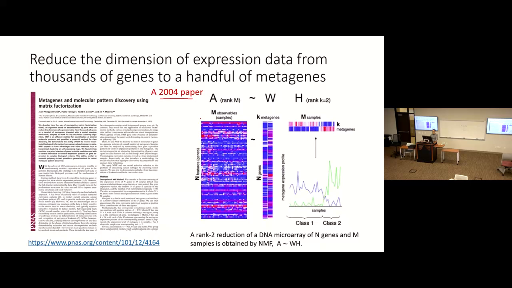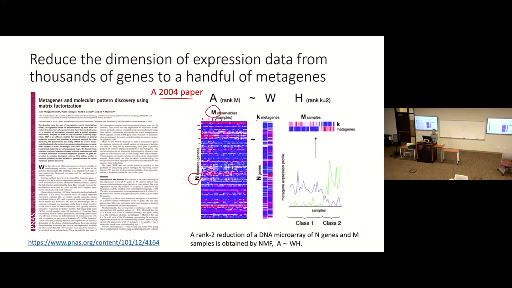At that time, there were no single cell technologies, so each column here is a sample. It could be from biological replicates, or different samples put together, but each one is a bulk RNA-seq, maybe not even RNA-seq, maybe a microarray technique. But anyway, you get the expression of many genes. So you have n different genes with m samples.